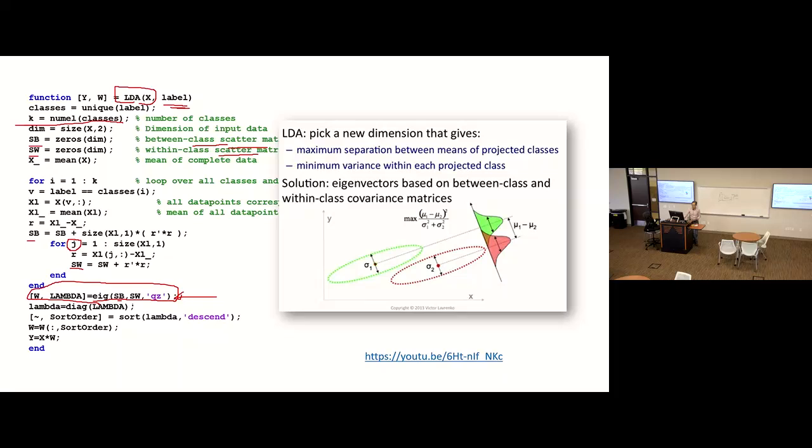You take these two matrices and get this lambda, which is the eigenvalues, sorted to get the eigenvectors, which are the larger ones. You use this as a rotation matrix to rotate your original input. The output will be easy to separate between different groups.